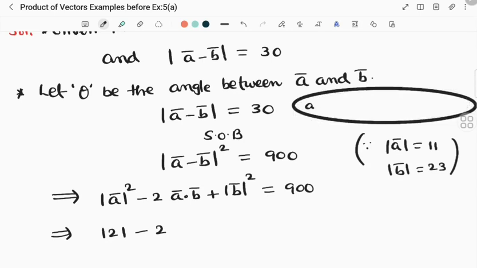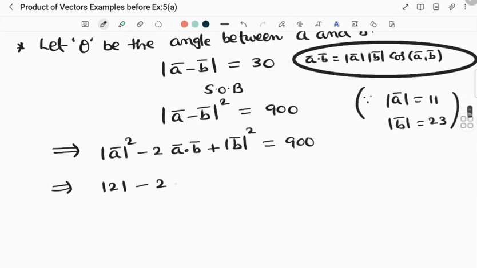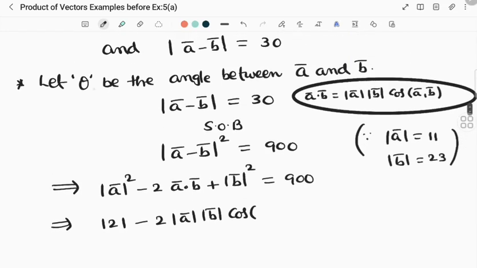Formula: A bar dot B bar equals mod A bar into mod B bar into cos of the angle between A bar, B bar. Let theta be the angle between A bar and B bar.